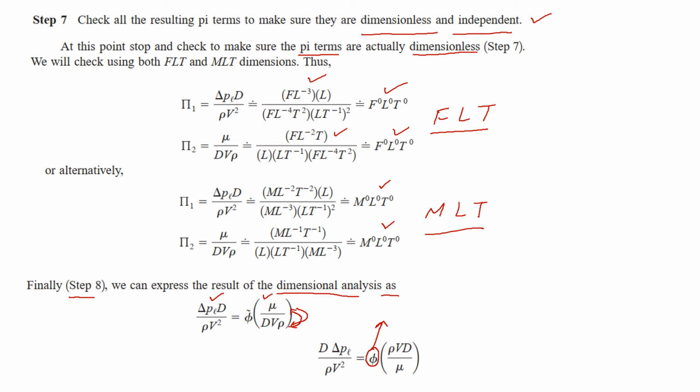From those experiments we will get our values of diameter, pressure drop per unit length, density, velocity, and viscosity. Once we have the values of these terms, we can use the same equation and compute our constant. To compute our constant, we will have to run our experiments 1, 2, or 3 times to see what the actual value of this constant will be.